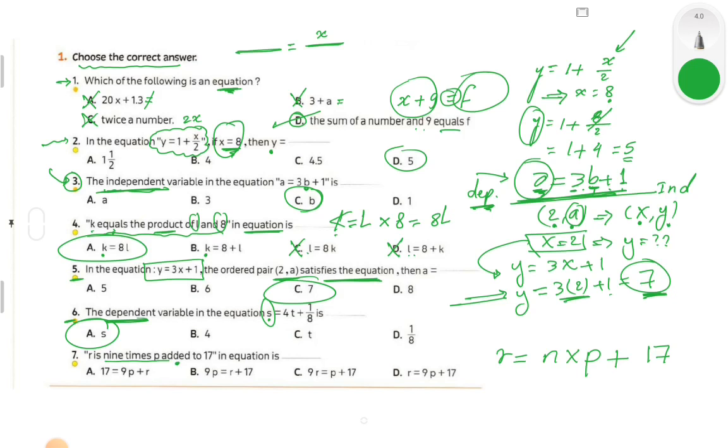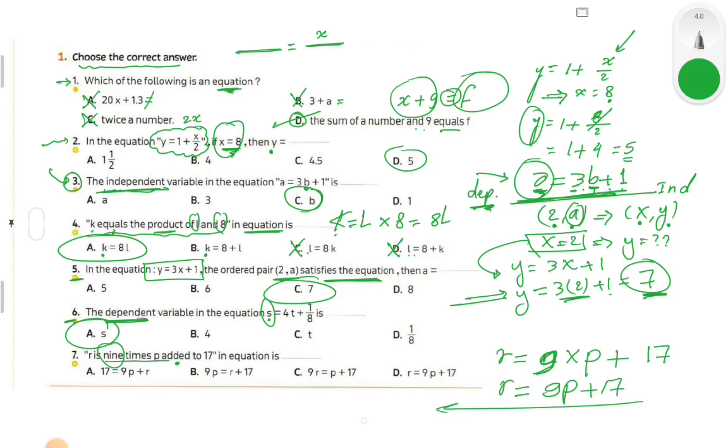Now look with me, R equals 9 by B, that means 9B plus 17.